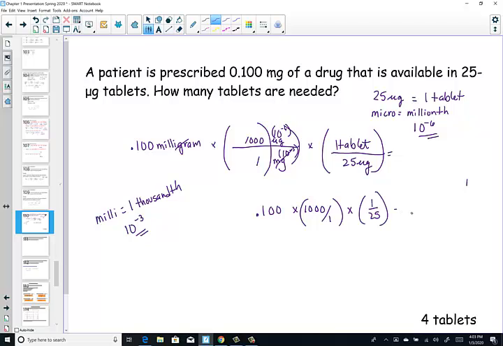That's kind of your key sequence as you calculate that. What's 0.1 times 1,000 divided by 25? And my answer is 4. There are 4 tablets necessary to give this patient the prescribed amount of medicine.